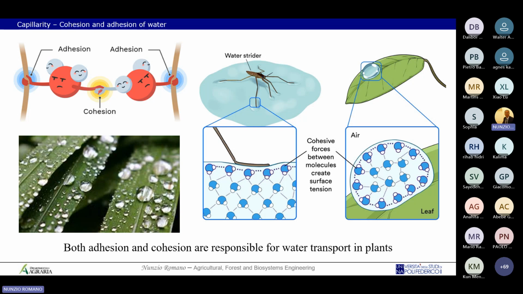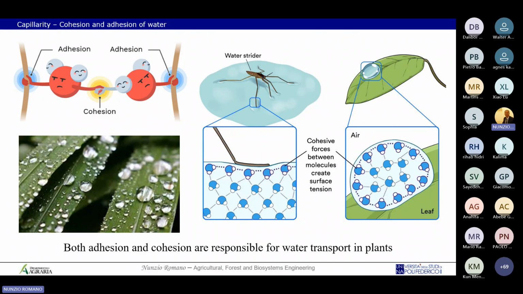But this is an important phenomenon of the effect of cohesion forces. For example, a mosquito on a piece of water on a lake, or raindrops on a leaf that just remain on the leaf because of cohesive forces.